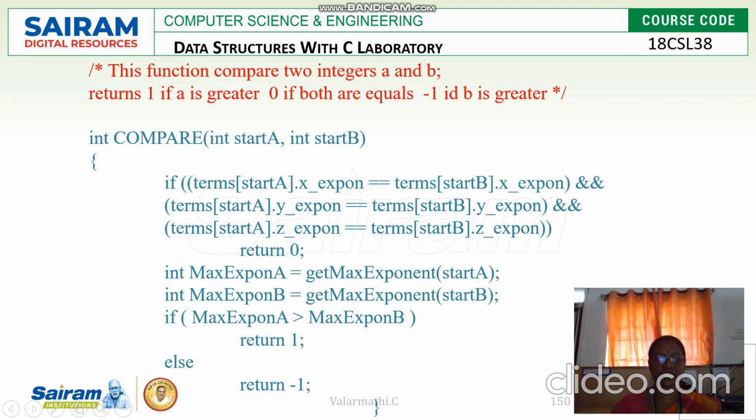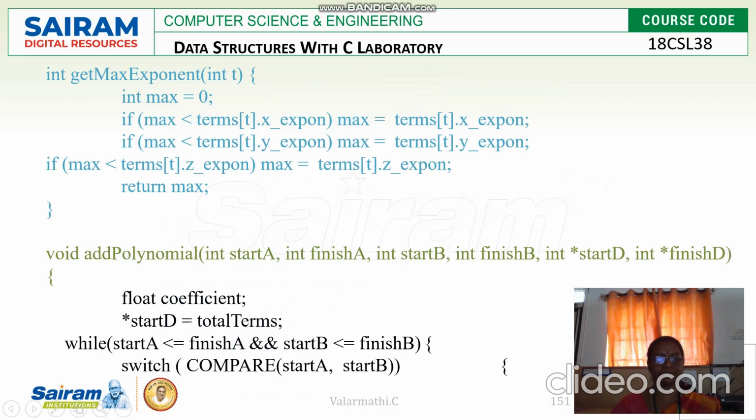Or else we set the maximum exponent value of a equal to the exponent of a, and b equal to the exponent of b. Then we compare the maximum values of each. If the maximum exponent of a is greater than b, we return 1. As we mentioned here, it returns 1, or else it returns -1.